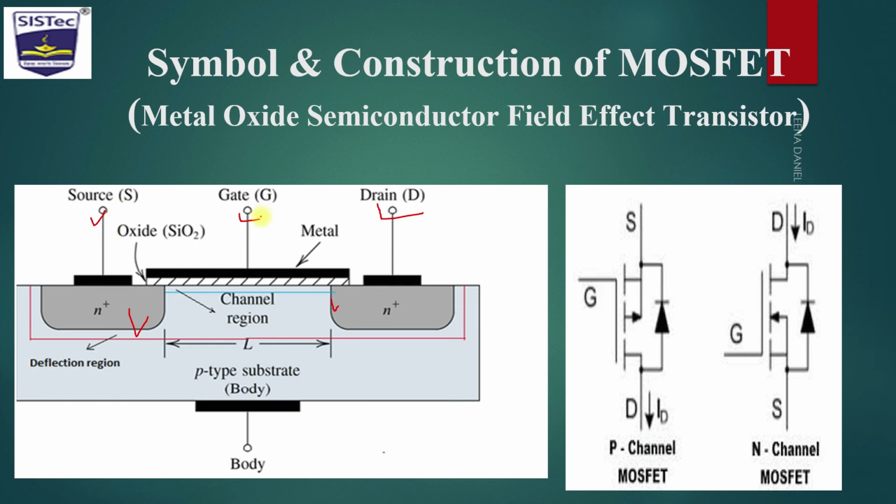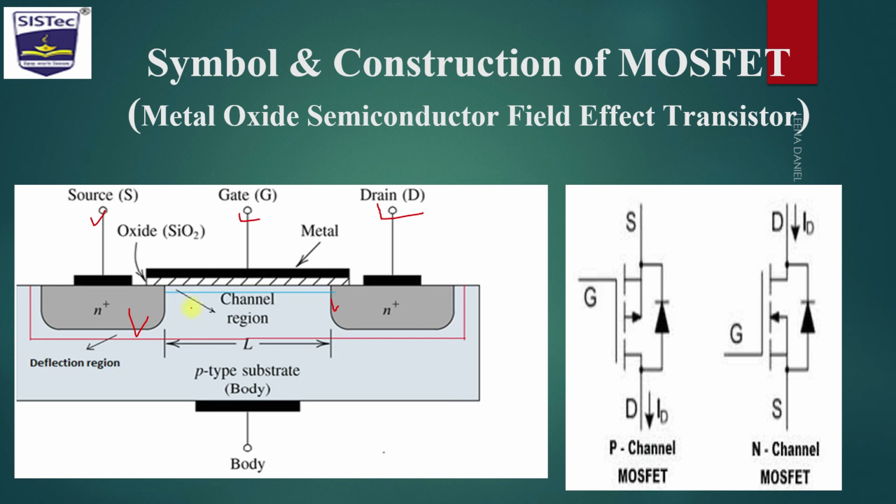So when we make the gate positive with respect to source, an electric field is established and eventually induces negative charges in the P substrate. What will happen if we apply the positive charge here? The minority carriers are also available in this P-type substrate, so they are attracted towards the gate and the number of electrons increases in this channel.